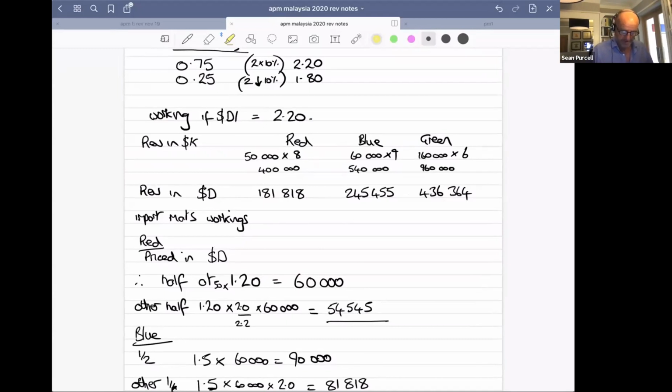I've said 400,000 is 50,000 times 8, in case I make a mistake, because the thing to remember, which will always help you, is the OFR. Do you know what the OFR is? Someone must know what the OFR is. Come on, it's an abbreviation for something.